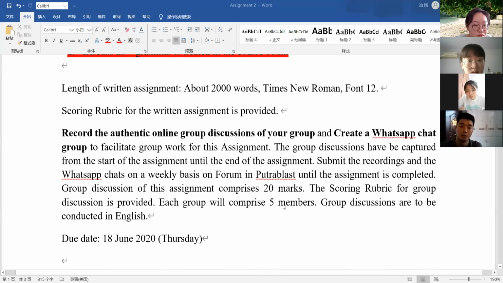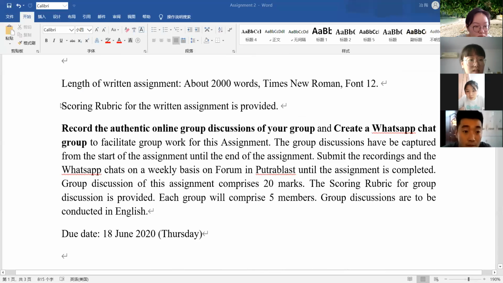So we have finished all the questions. That's right. But I want to say, let's share the screen. Here, the scoring rubric for the written assignment.